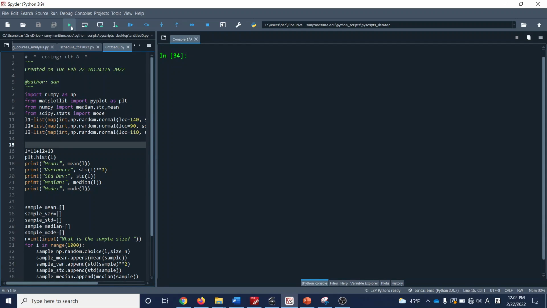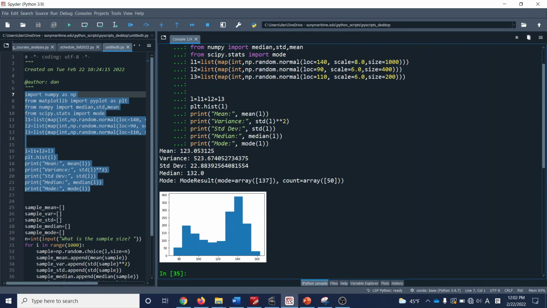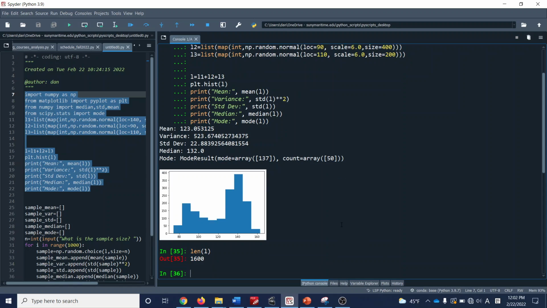If I run this, actually, let me just run this much. What this code did was len L. I have 1,600 population data. It's similar to the number of students in Maritime College, something like that.